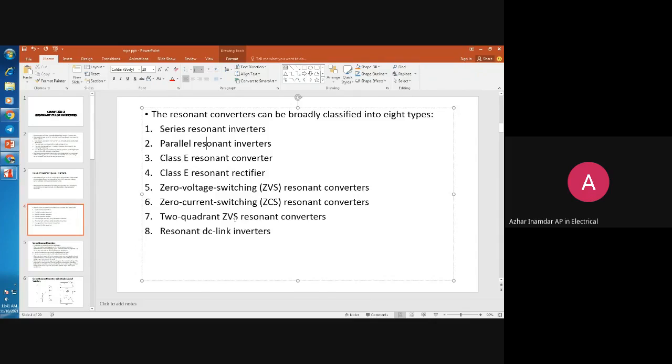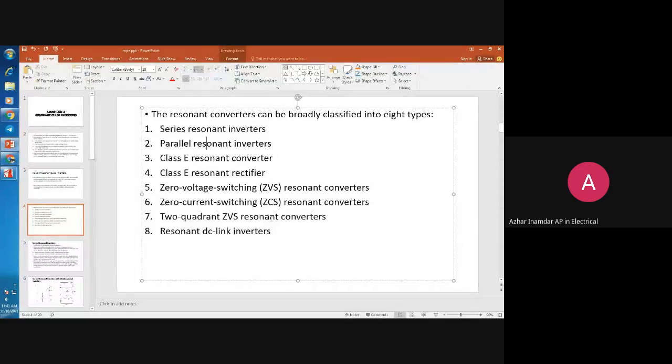Then these two quadrant ZVS converters can be operated to obtain a two quadrant operation. And last one, the resonant DC link inverters are used for producing variable output voltage while keeping the output waveform in a fixed manner.